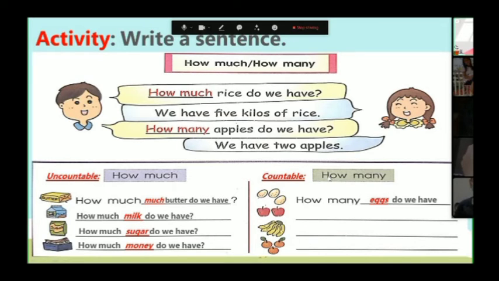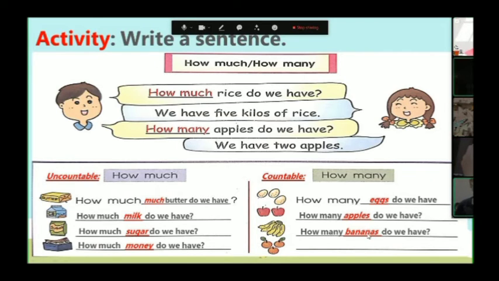How many? Everybody say how many? How many apples do we have? Next, how many bananas do we have? Bananas.